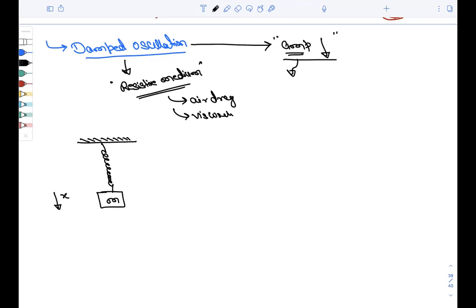When a small displacement is given to this mass, it will try to oscillate, and when it does, there will be two forces. One is the spring force, which will try to restore the motion. Another force will be the resistive force, which will try to end the motion.